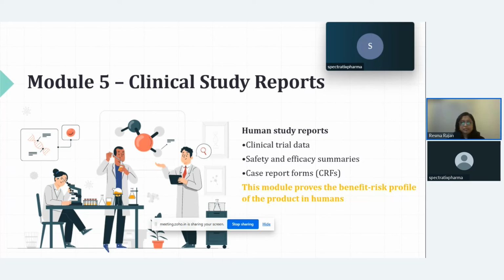There will be some side effects. If that risk is lower compared to the benefit, then the drug is good to go. You can proceed with the development and it can go to the patient. So after the clinical trial in humans, you will get to know whether this product has an advantageous benefit-risk profile or not. All these details will go in Module 5.